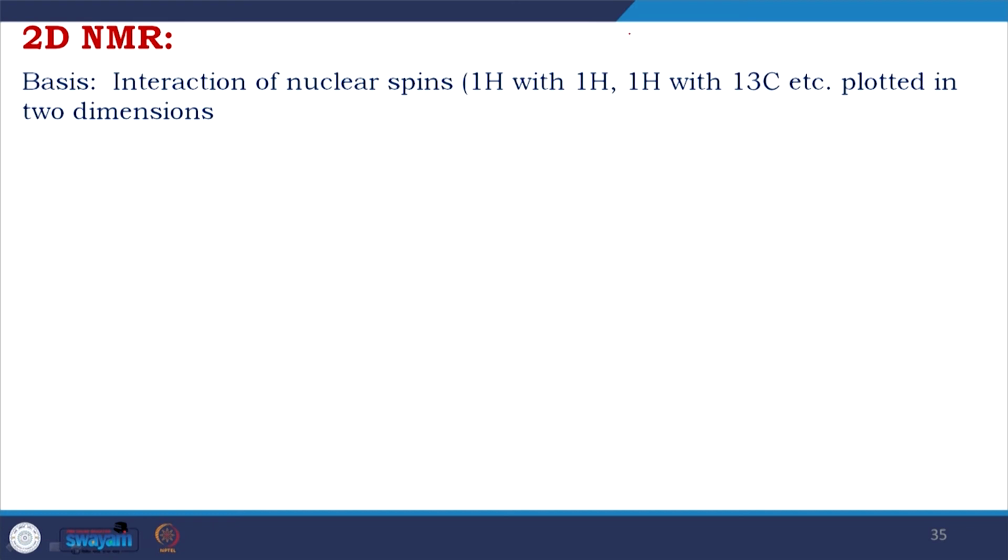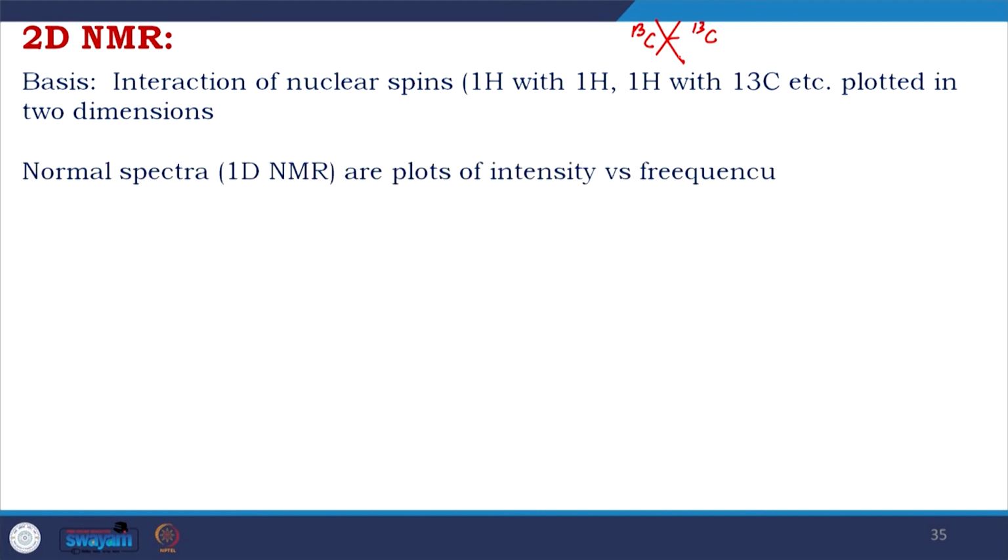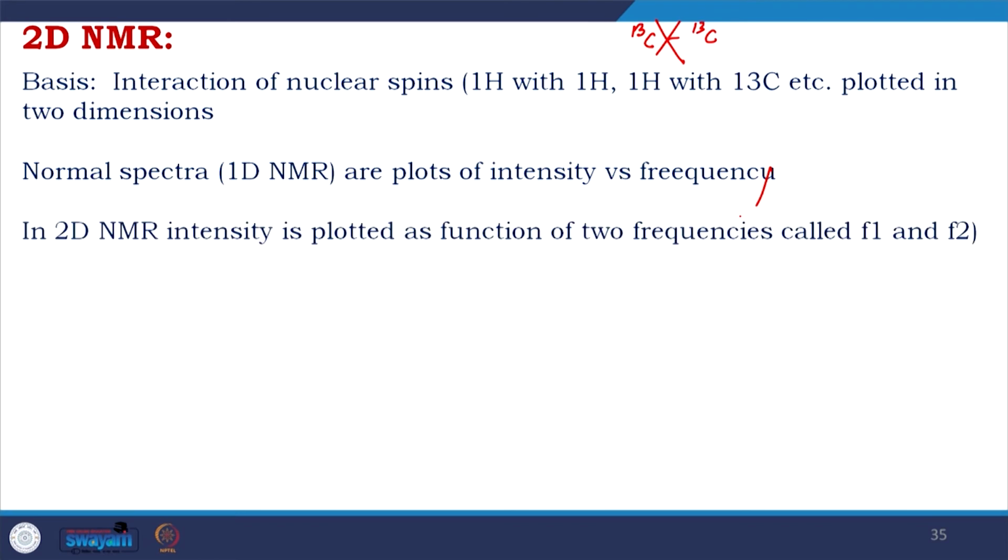You have to remember that. Normal 1D NMR spectra are plots of intensity versus frequency. In 2D NMR, intensity is plotted as a function of two frequencies called F1 and F2.